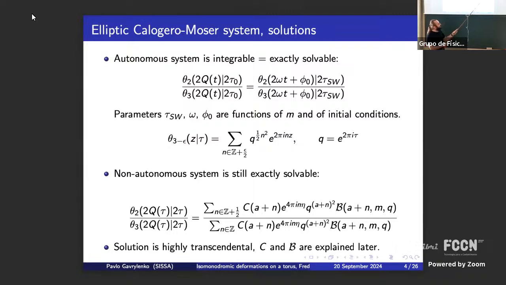It is somehow similar to the theta function, and it also has a limit: as m goes to 0 it turns into the actual theta function. But in general, it contains some new objects. Like this one, which is just a product of Barnes functions, which I will define later.